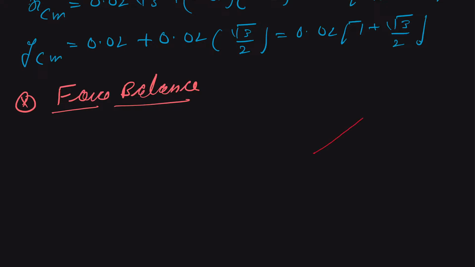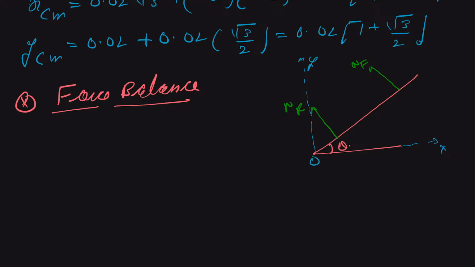So we have a slope, and here let us call the normal forces N rear and N front, and the angle is given as theta. We have taken this as our origin, this is the x-axis, and we have the y-axis.